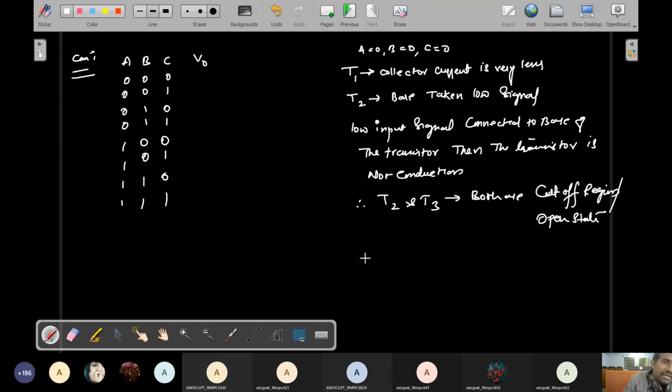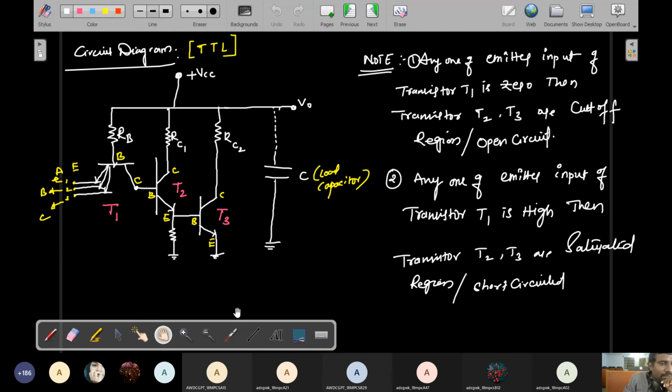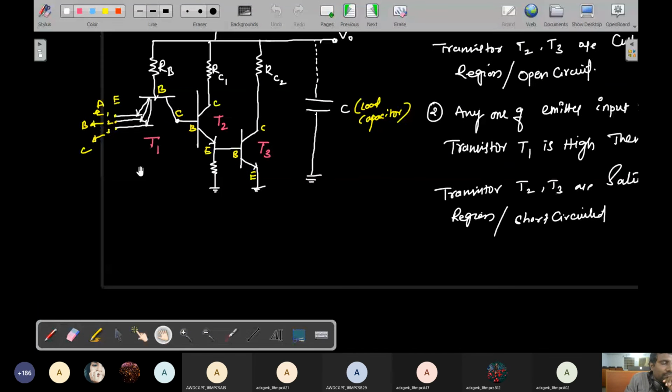First of all, I consider that the first transistor input is low. If I draw the diagram here, you can understand. From the first case, this is the output voltage, and this is plus VCC. This is going to be an off state, so don't take this portion, only take these two portions.